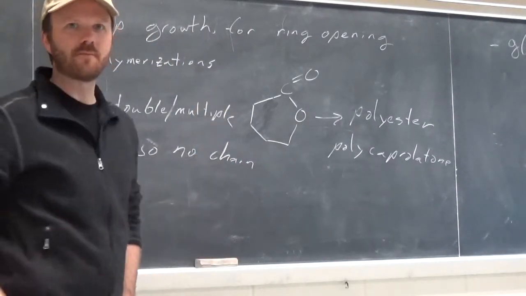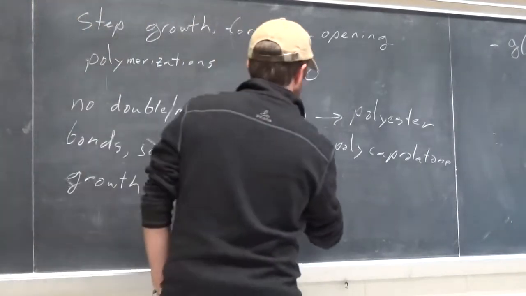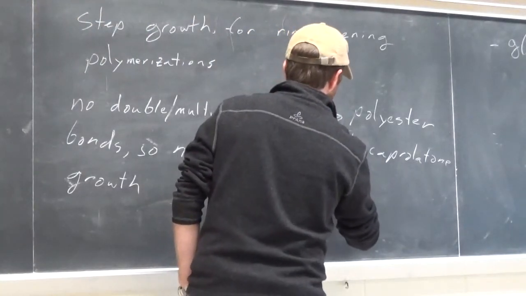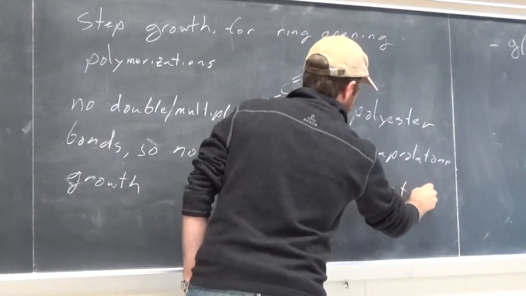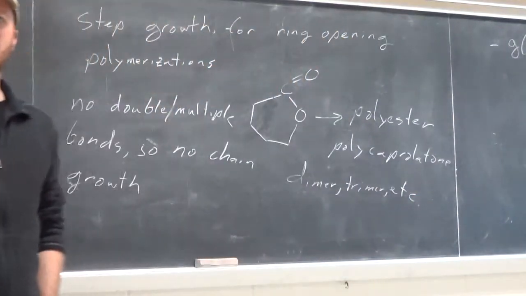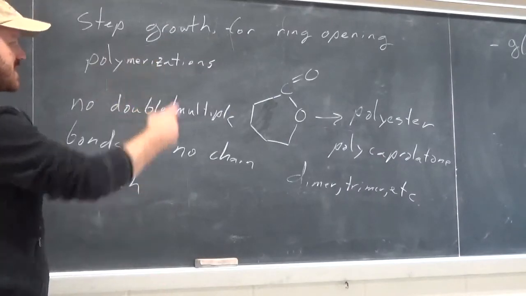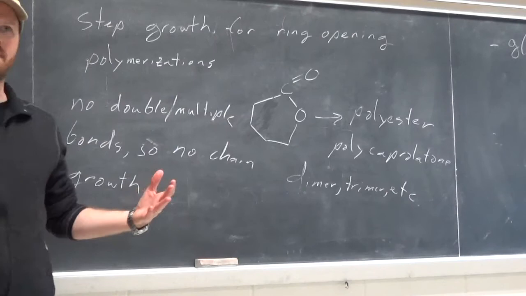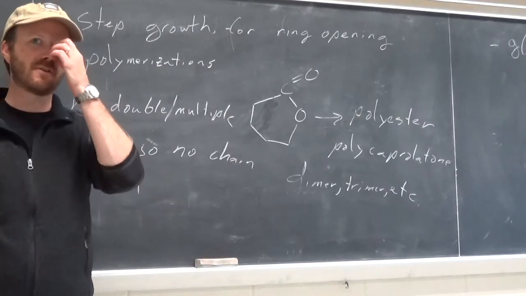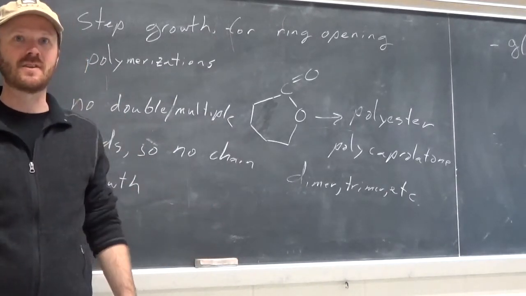So this ring opening polymerization proceeds through dimer, trimer, etc. And so that's indicative of a step growth. And so now what's the molecular weight as a function of time or as a function of conversion for step growth polymerization? Right?